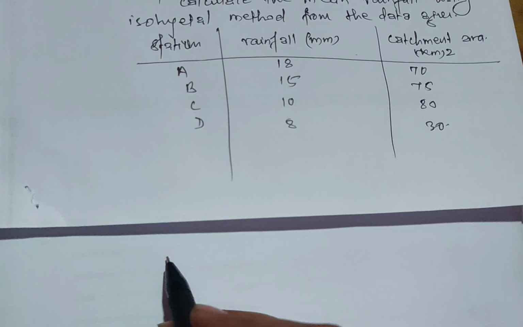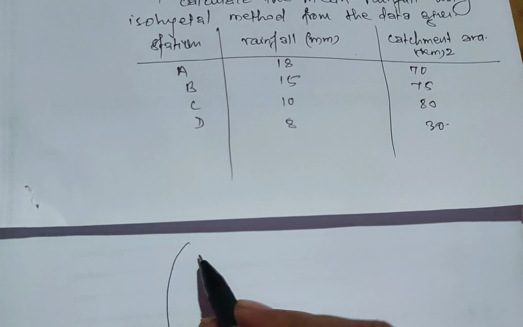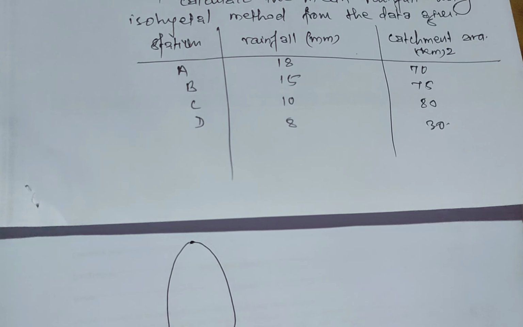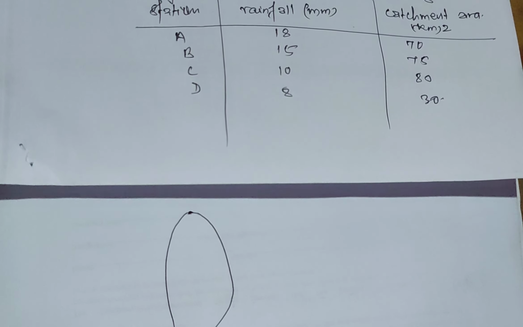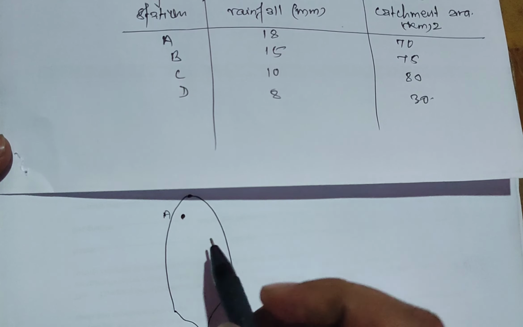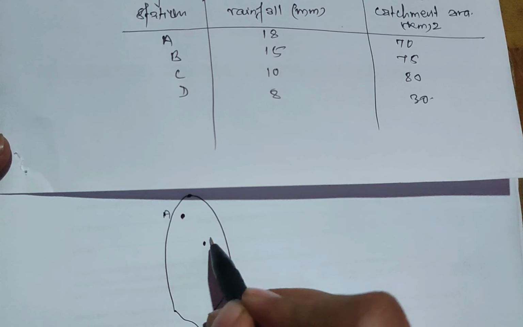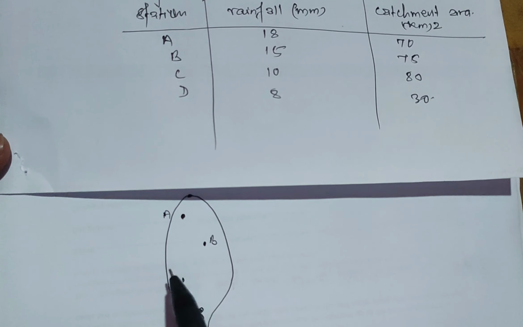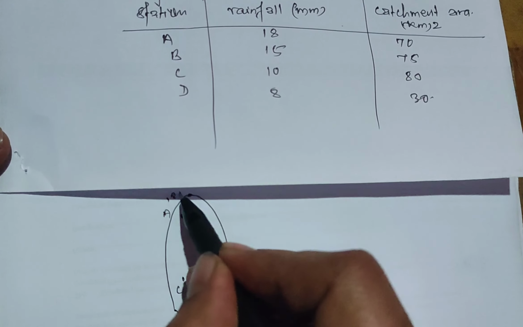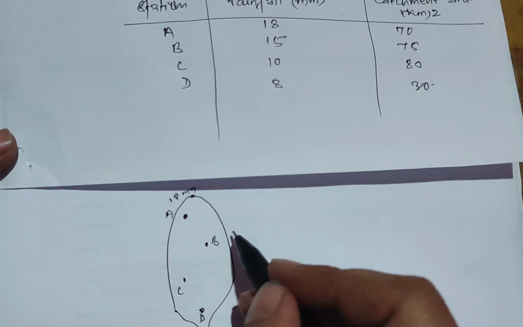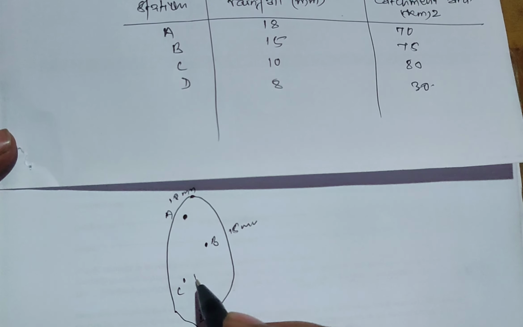For this question, first let's draw a catchment. This is the catchment area. At this point it's station A, this one is station B, this one is station C, and this is station D, where the rainfall is 18 mm, this one is 15 mm, this one is 10 mm, and this one is 8 mm.